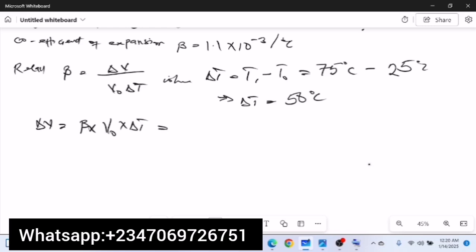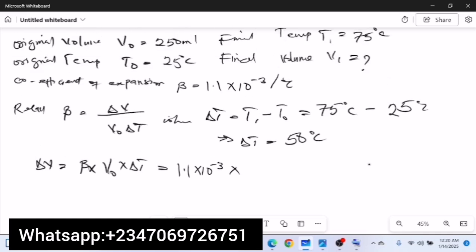So this is equal to the coefficient of thermal expansion, 1.1 by 10 to the power of -3, multiplied by the original volume, which was given as 250 ml, multiplied by the change in temperature, which is 50 degrees Celsius. Let's do all of this and see what we are going to obtain.